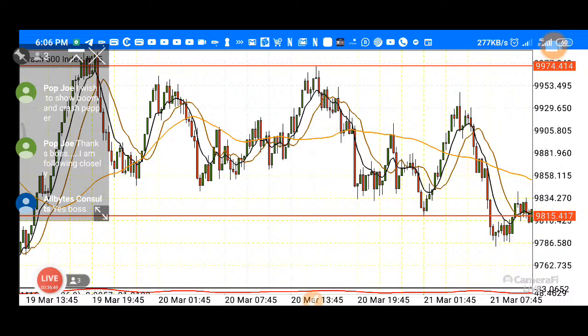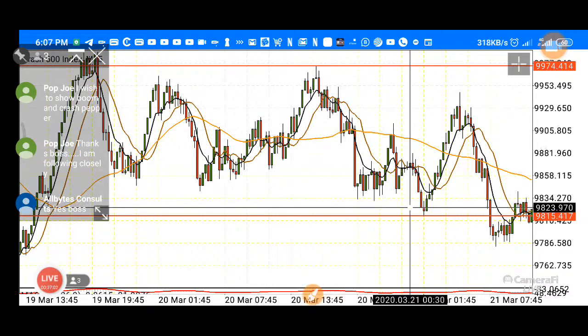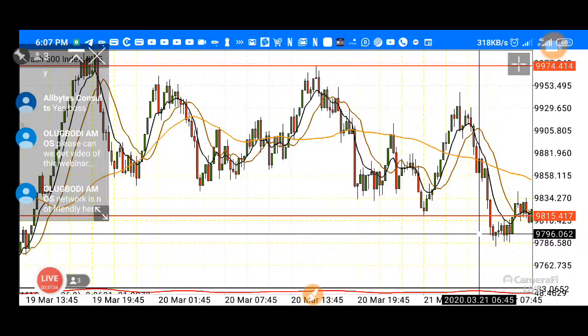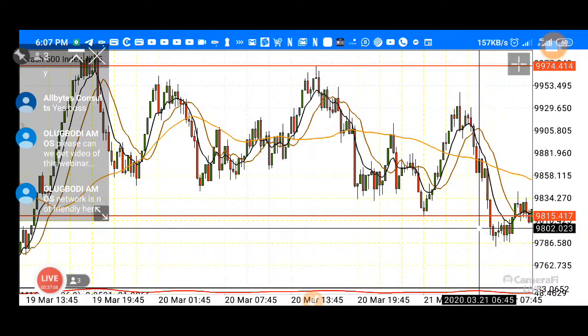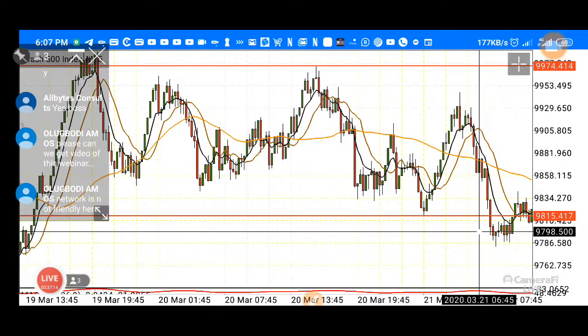It would have been a spike, and this spike would have ended here. So maybe you entered here at this level. Maybe you entered here immediately after the spike, or maybe you waited for it to return up a little bit before you entered. So at least you would have still parked.